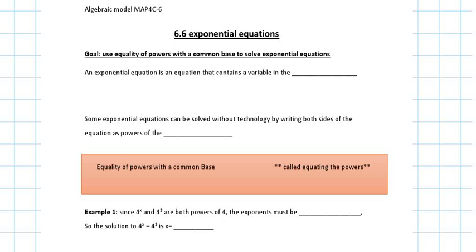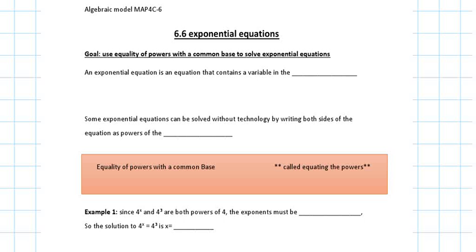Okay, so we're going to look at exponential equations. Okay? Can we say that this equation is an exponential equation? What kind of exponent do I have in this case? An unknown. My exponent is an unknown. This is what I mean by an exponential equation.